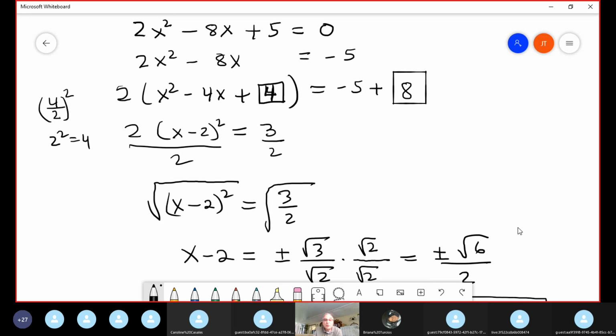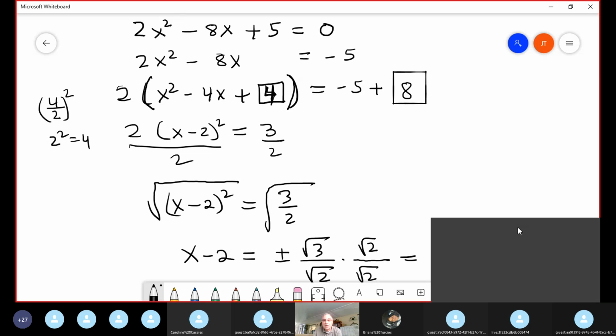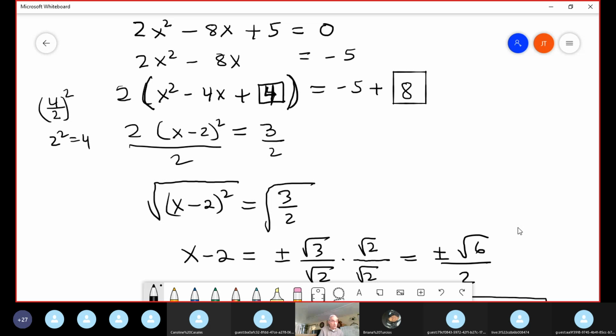So the formula gives me 4. But this 4 is inside this parenthesis, and you have a factor 2 outside. 2 times 4 is 8. So you introduce 4 inside the parenthesis, but actually what we are doing is introducing 8, because 4 times 2 is 8. Okay? Yes or no, miss?